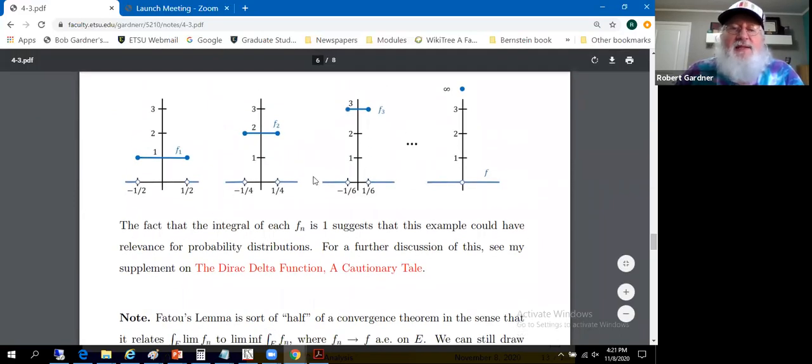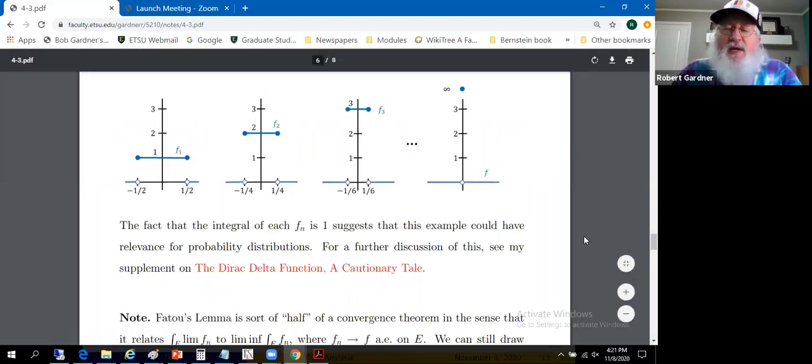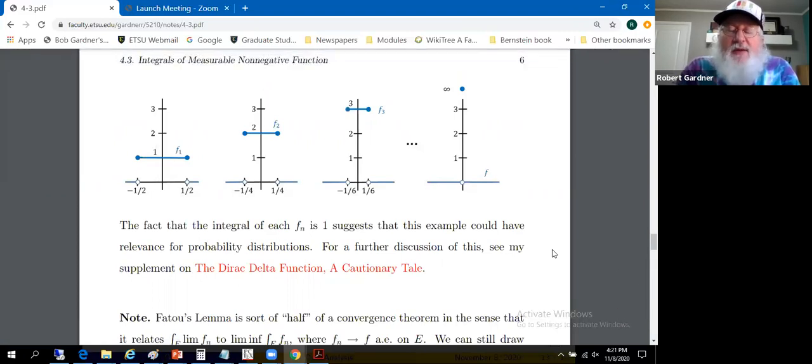The reason I liked this example where you've got 1 under all those functions is it reminds me maybe of probability distributions. I've got a supplement to this section called the Dirac delta function, a cautionary tale. I'll prepare a video for that as well. Some of my sordid past when I was trying to do physics, dealing with electricity and magnetism, and something called the Dirac delta function.